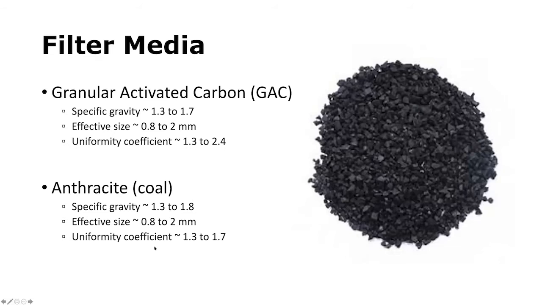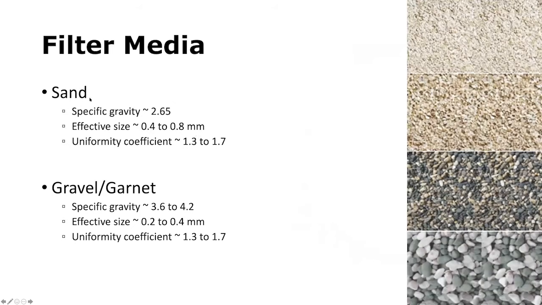Another material commonly used is anthracite, and this has similar specific gravity, similar effective size, and roughly similar uniformity coefficient as granular activated carbon. Sand is also very commonly used in filter media, with a specific gravity of 2.65, an effective size of approximately 0.4 to 0.8 millimeters, and uniformity coefficients of 1.3 to 1.7.